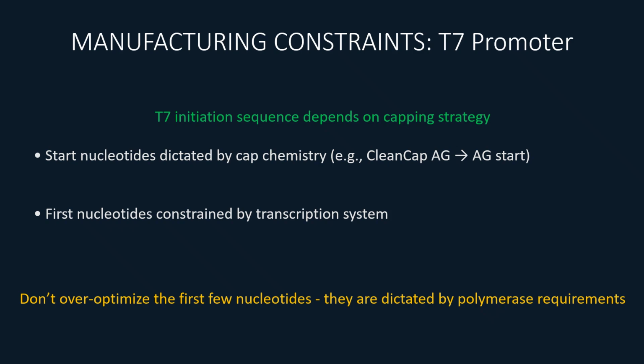For example, co-transcriptional capping systems such as CleanCap require specific initiation motifs for efficient cap incorporation. So, the first few nucleotides are not really a design variable. They are defined by the manufacturing platform.